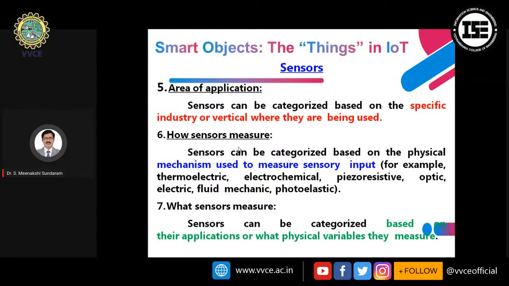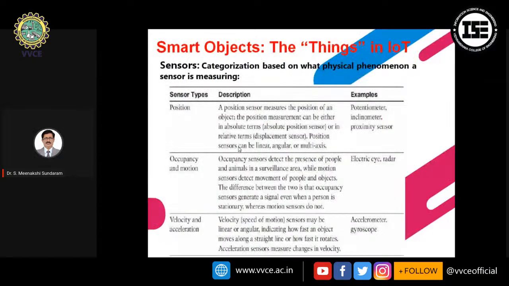Whatever the sensory inputs these devices take in, based on that we can categorize the sensors. So sensors can be categorized based on their applications or the varieties of physical variables they measure.